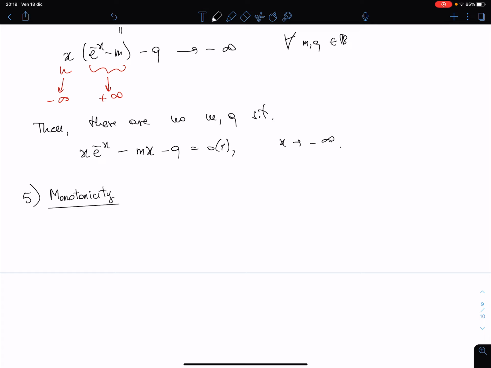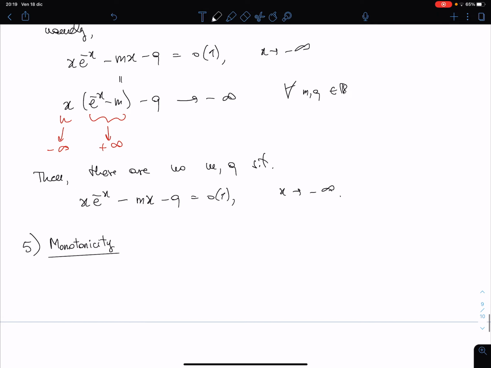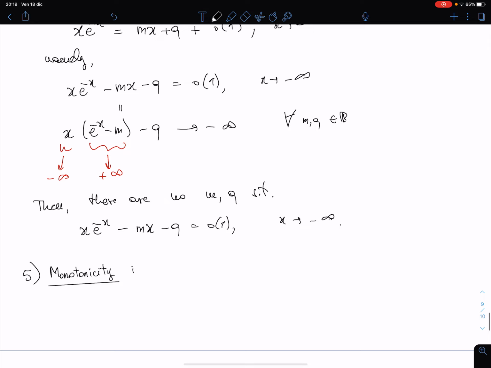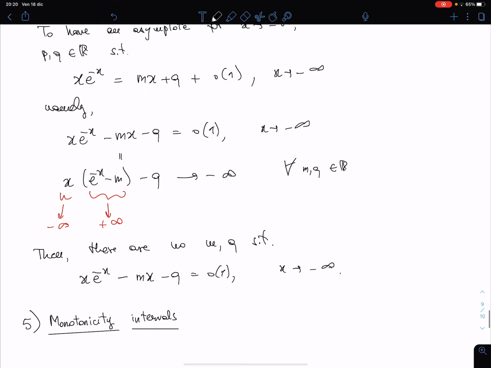In order to discuss monotonicity intervals, one has to study the derivative of x times e to the minus x.